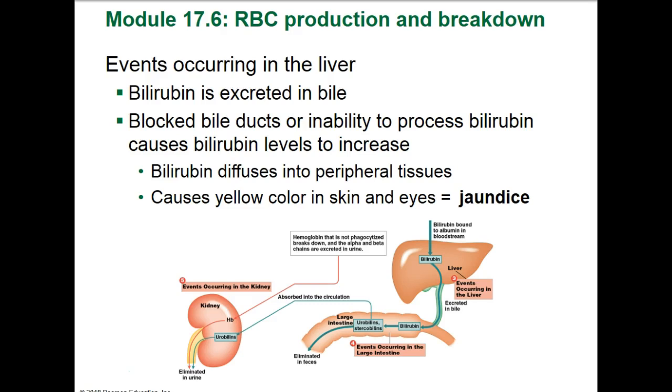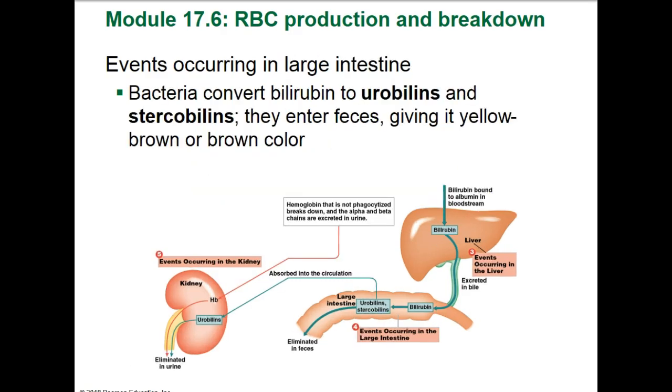And again, keep in mind, bilirubin is a normal component that we're hoping to eventually reuse hemoglobin from. But it doesn't always work exactly right. If we have blocked bile ducts, or we can't process the bilirubin, bacteria will convert bilirubin to urobilins and stercobilins, and then they enter the feces, giving it a yellow-brown or brown color.